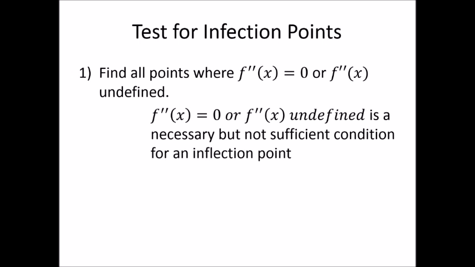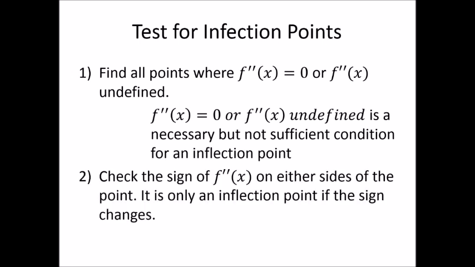So once you have found those points, the only thing you can do at that moment is to pick 2 test points, one on either side of the potential inflection point, and check whether or not the second derivative changes signs. If the second derivative changes signs from the left to the right of the potential inflection point, it is actually an inflection point.